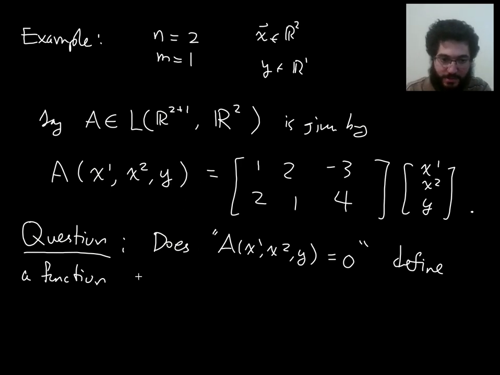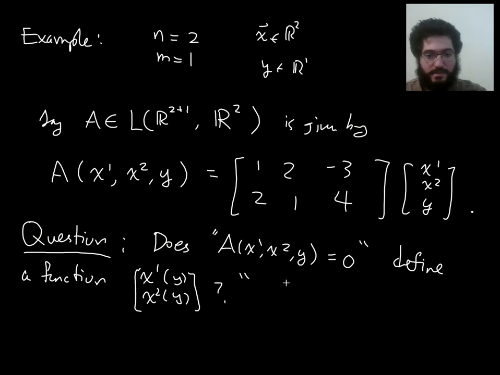So does it define this two-component function, x1 of y, x2 of y? That is the big question of the implicit function theorem.